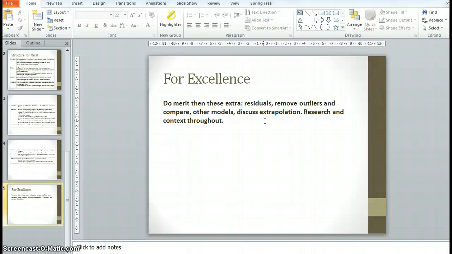Another aspect to the excellence could be to discuss the implication of extrapolating, which means predicting outside of the data that you've collected. So you've got no evidence to say that your predictions are even possible or plausible, or whether the line starts to curve off or curve up. So it's a discussion around, is extrapolation appropriate?